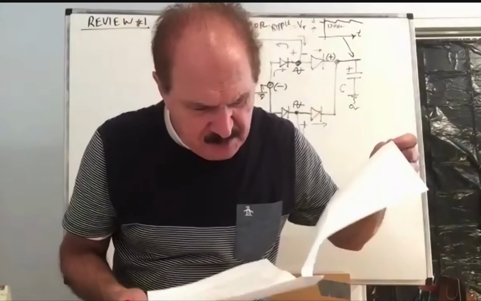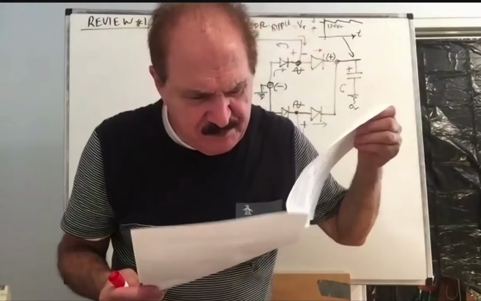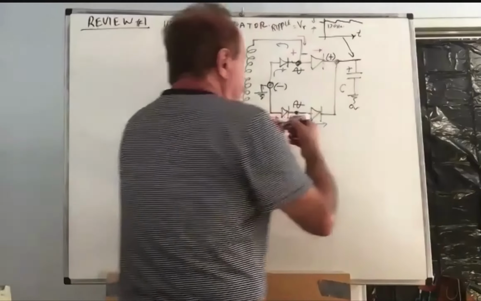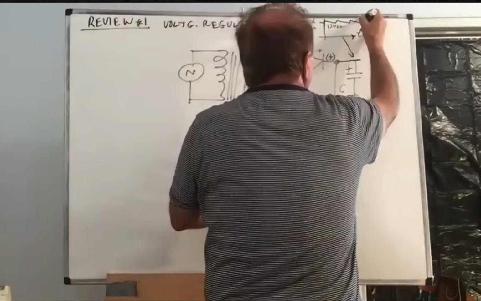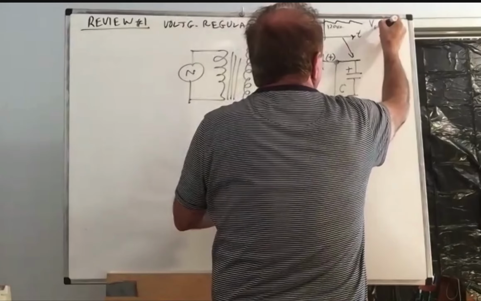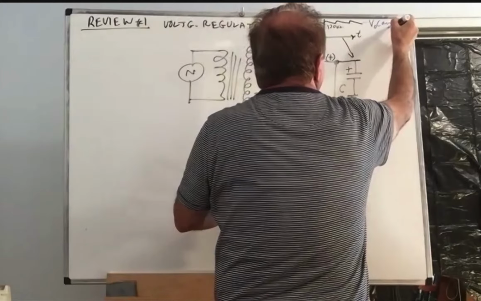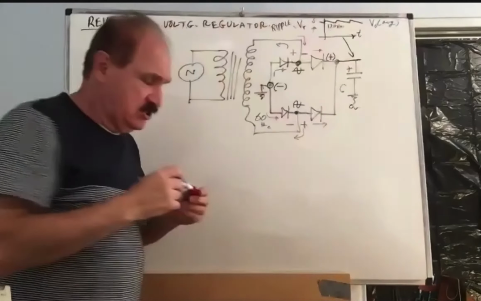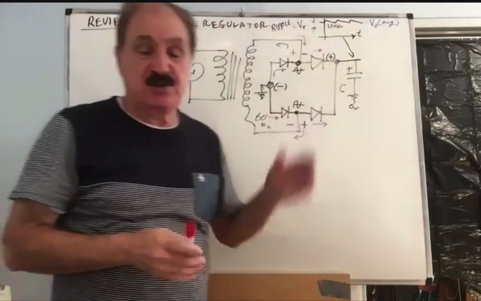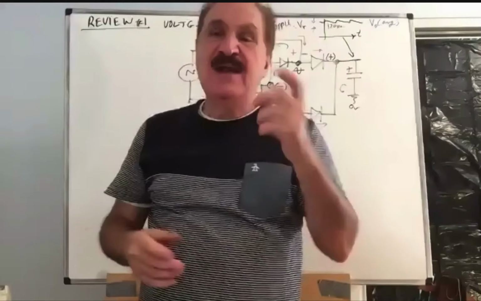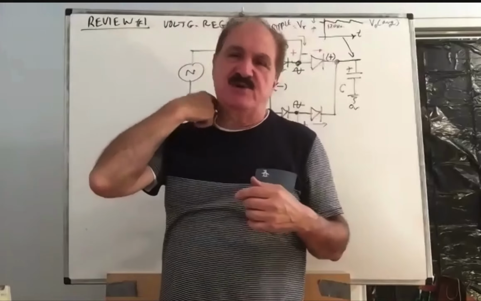So let me see, VO average here. VO average is the mean voltage building across the capacitor. Ripple magnitude shouldn't exceed more than 10%.